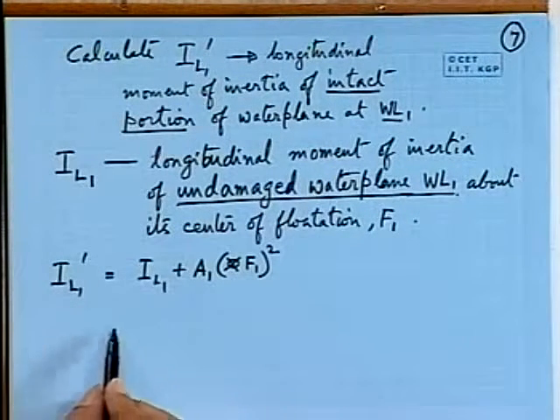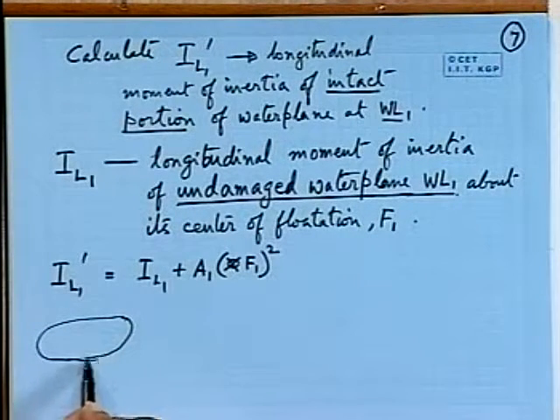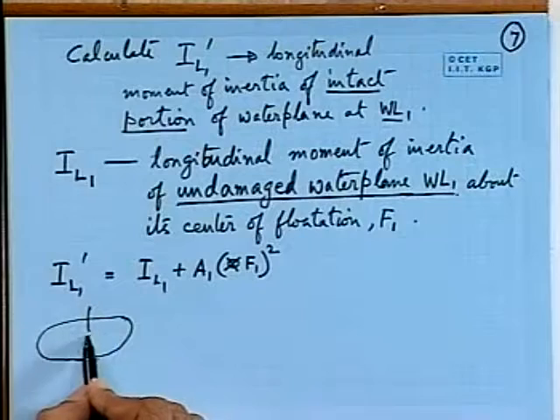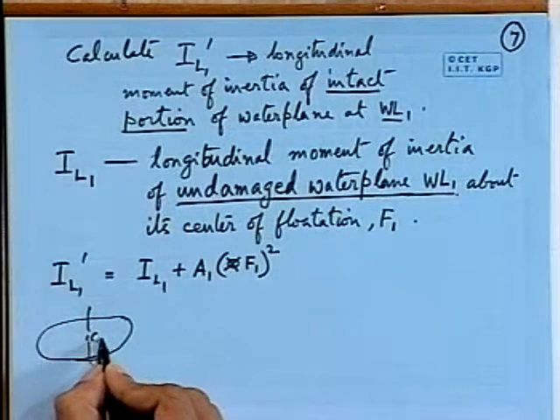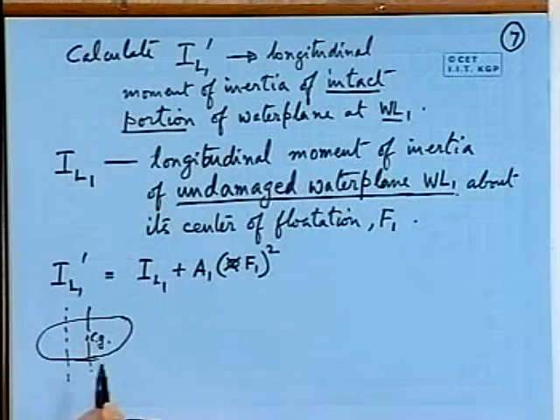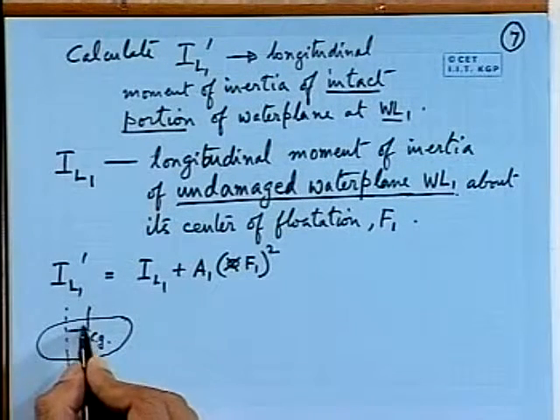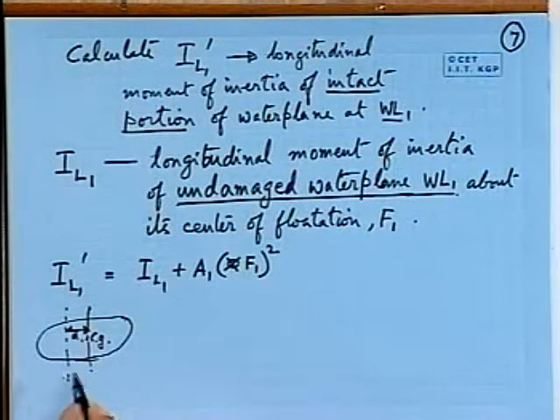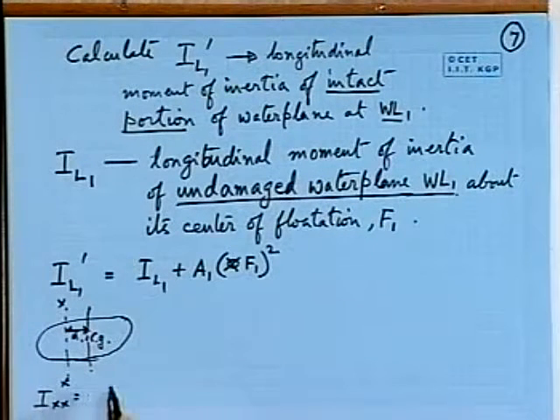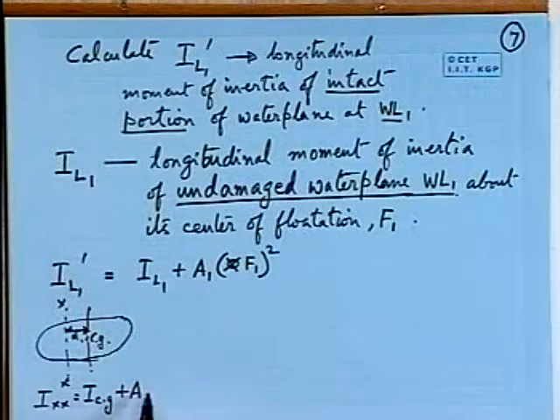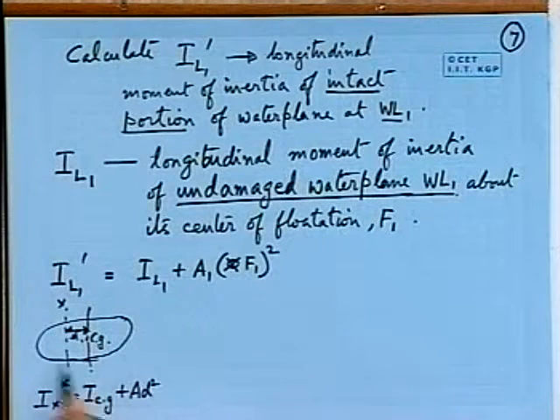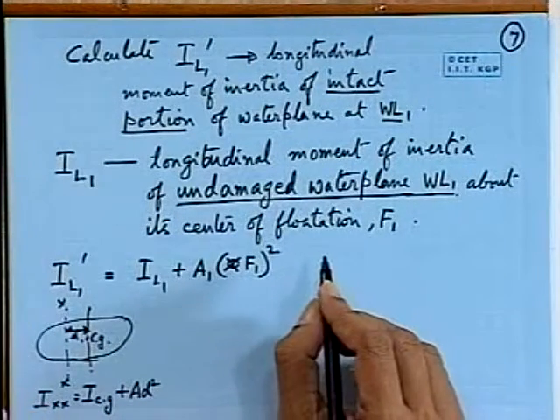One should remember that if there is an area, and the CG lies here, say this is your CG of the area, and I want to calculate about some other axis at a distance D, say this axis is XX, then IXX is equal to the moment of inertia about CG plus the area into D square. This is normal in mechanics, a fundamental relationship for transfer of axis, and that I am applying here.